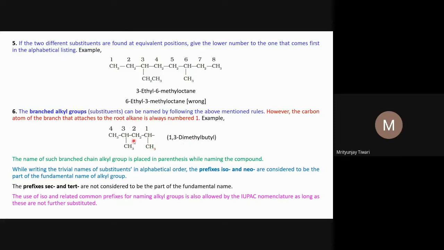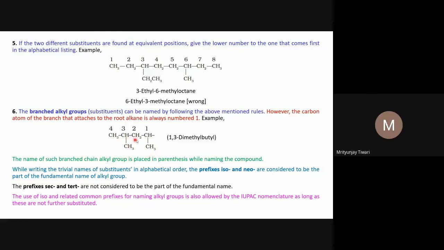So to name these compounds, there are two methyl groups as a branch in this alkyl group. So we'll write 1 and 3, at the first and third position, so 1,3 dimethyl.